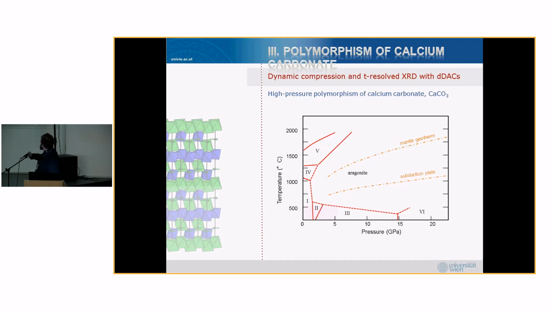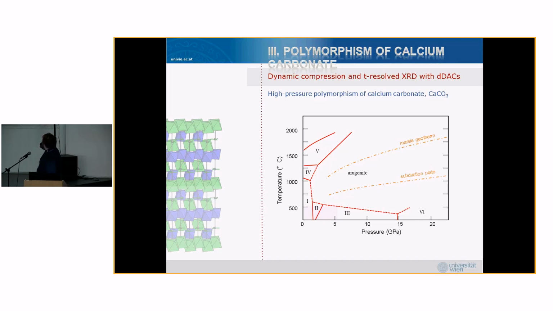But then you see there are also a lot of high temperature, high pressure, and even high pressure, high temperature polymorphs that are known. And at the same time, you see here the mantle geotherm. That's the line of, if you go into the interior of the Earth, basically, where you can expect the pressure, temperature conditions.